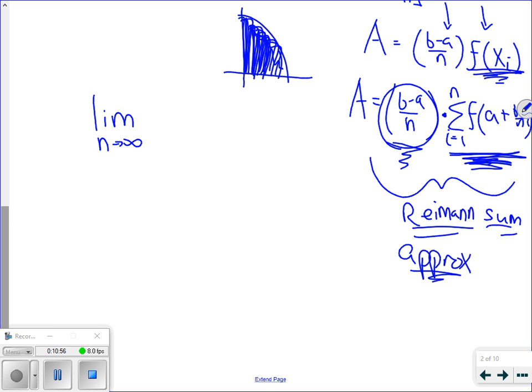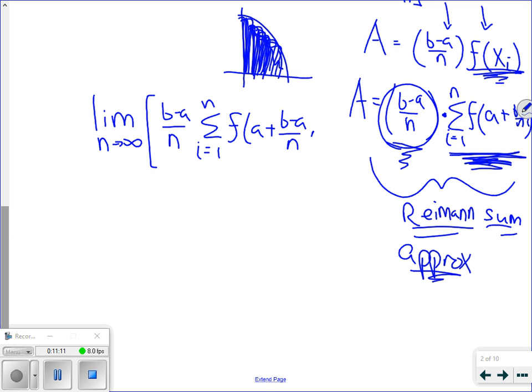So what if I take the limit to infinity of all of that stuff? B minus A over N times the summation i equals 1 to N of f of A plus B minus A over N i. This right here is the definition of a definite integral.